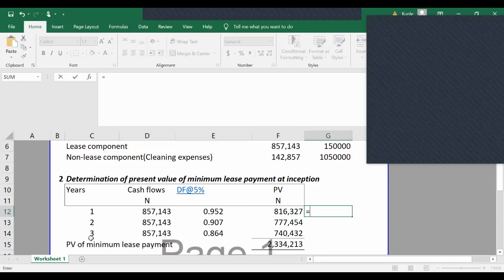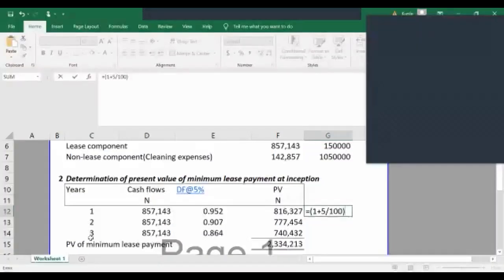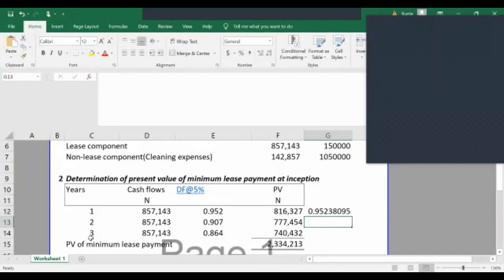Our formula is (1 plus 0.05), or you simply say 5 over 100, close the bracket, raise it to the power of what? We are in year 1, so it will be raised to power -1. That is how we got 0.952.